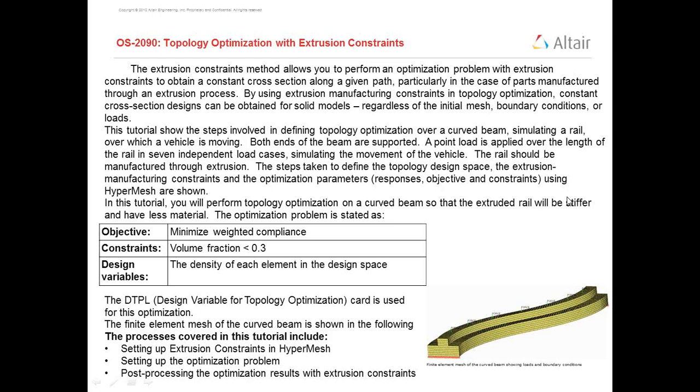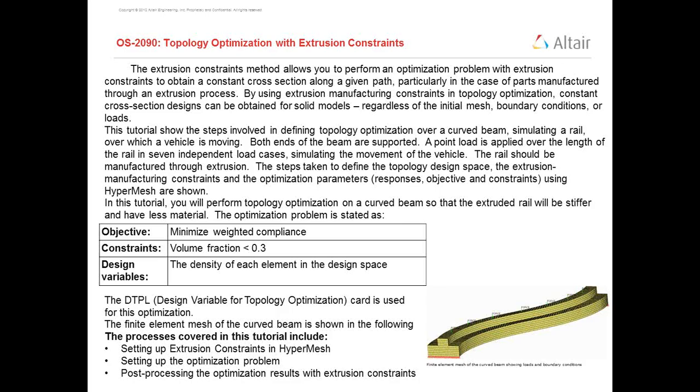In this tutorial, we'll perform topology optimization on a curved beam so that the extrusion rail will be stiffer and have less material. The optimization problem is stated as: my objective is to minimize the weighted compliances. My constraints are that the volume fraction should be less than 0.30, and the design variables are the density of each element in the design space.